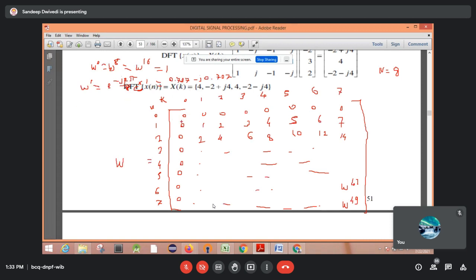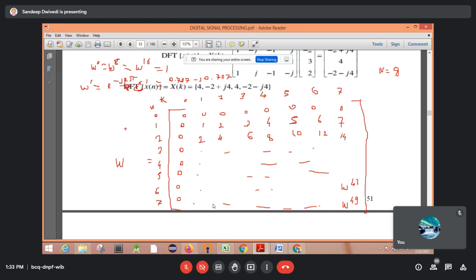Then w raised to power 17, if it comes anywhere, then the same value will be there. Then w raised to power 25, 17 plus 8 is 25. So for that also you will get the same value.